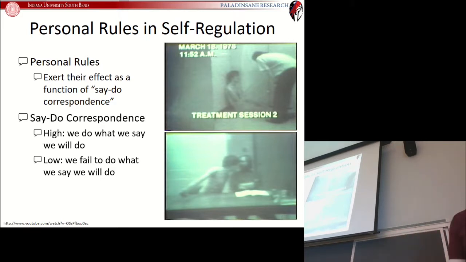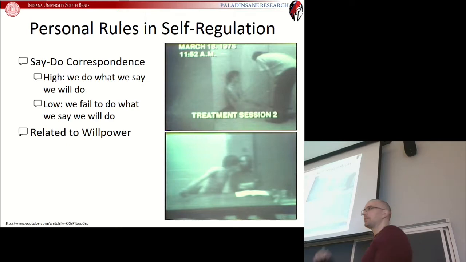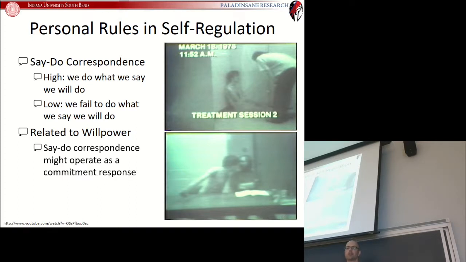So high say-do correspondence is a feature of us and a feature of other people that we value. We like to both see high say-do correspondence in others and to possess high say-do correspondence in ourselves. And this is related to willpower and related to the effectiveness of these personal process rules, because your say-do correspondence operates as a commitment response.